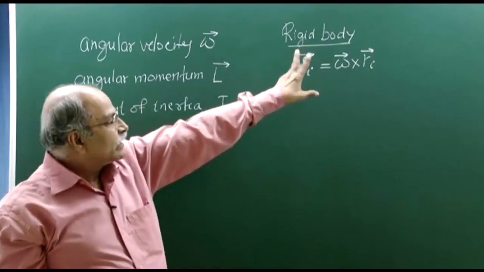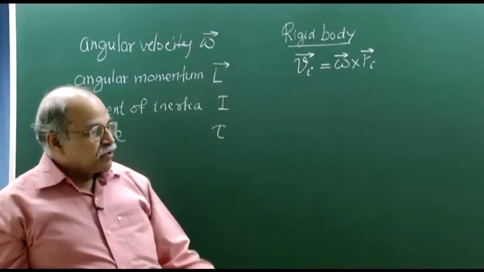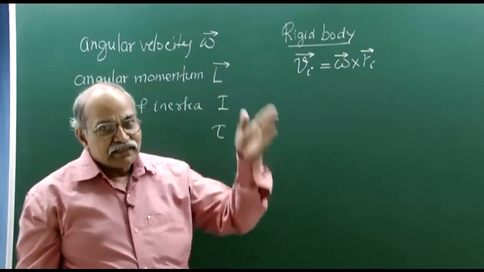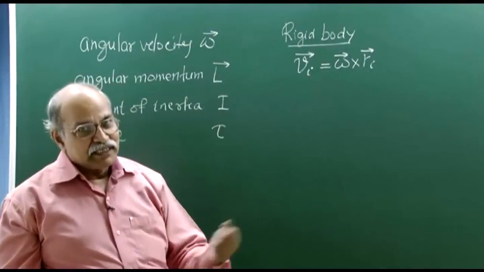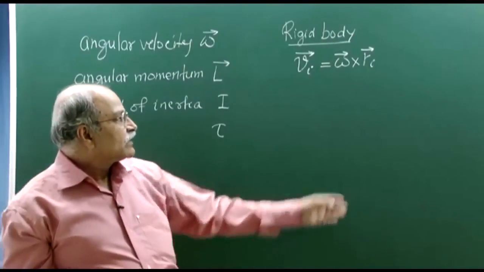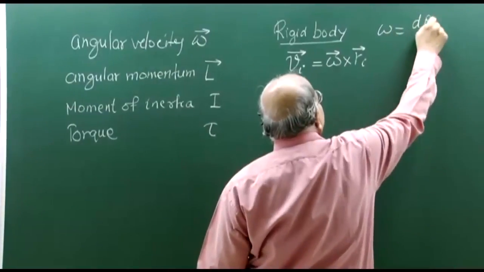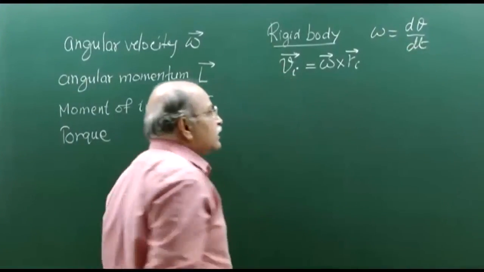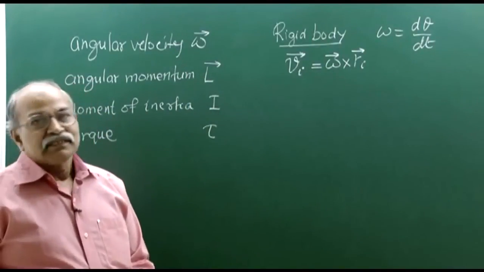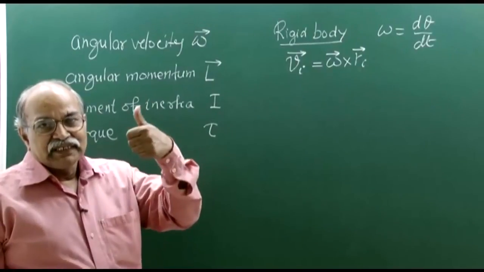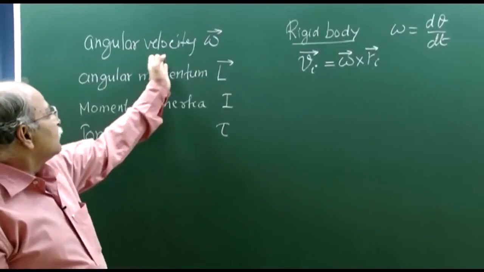So, that is how one can identify omega. If something is rotating about a fixed axis of rotation, or at any instant if you can find the axis of rotation, then it is very simple. You just write the magnitude of angular velocity omega as d theta dt, and the direction is along the axis. If things are rotating anti-clockwise, it is towards the viewer; if it is clockwise, opposite to the viewer. So, that is angular velocity omega.